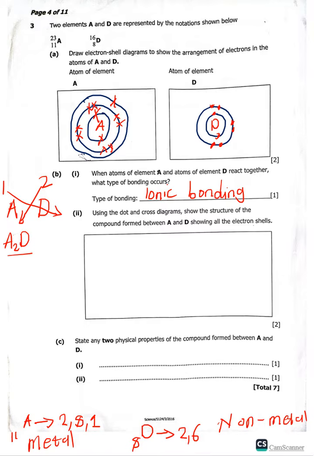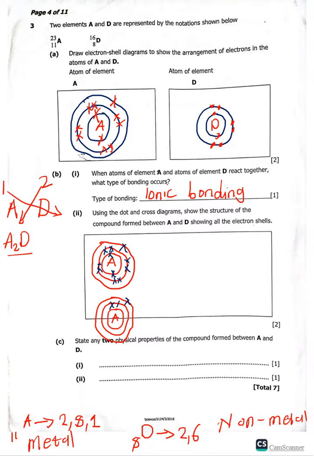So let's have this picture. We'll begin with A. Then we have another A. Okay, now the first shell has 2 electrons, the second one 8, then the outermost shell 1.